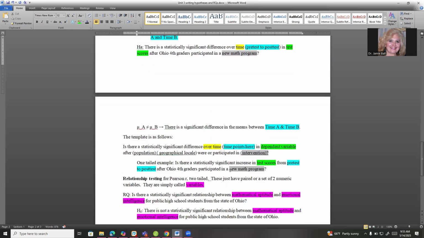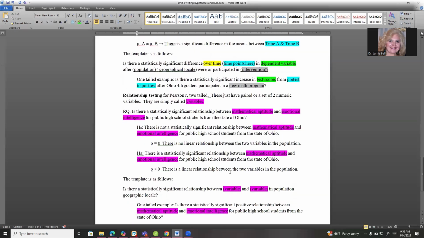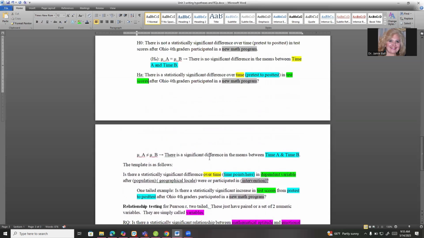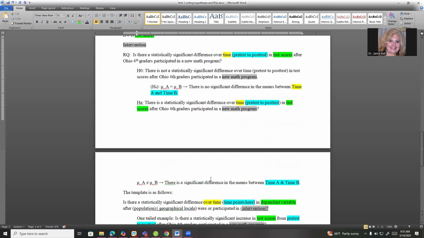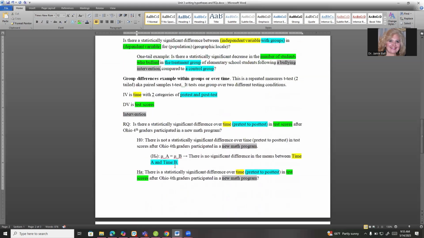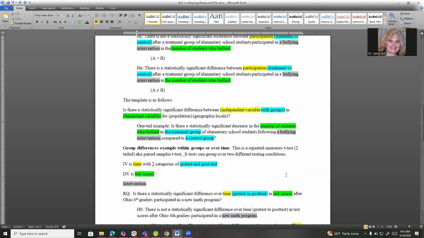Okay. I'm just going to briefly cover the other testing types. Oh, and by the way, I have one-tailed test examples here. It is possible to look just one direction instead of both ways. Instead of just looking for increase and decrease, I can look just one way.